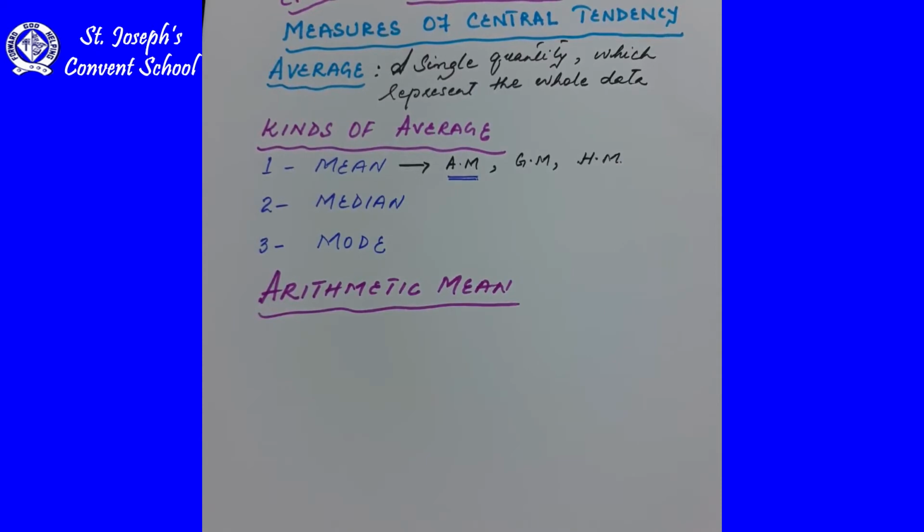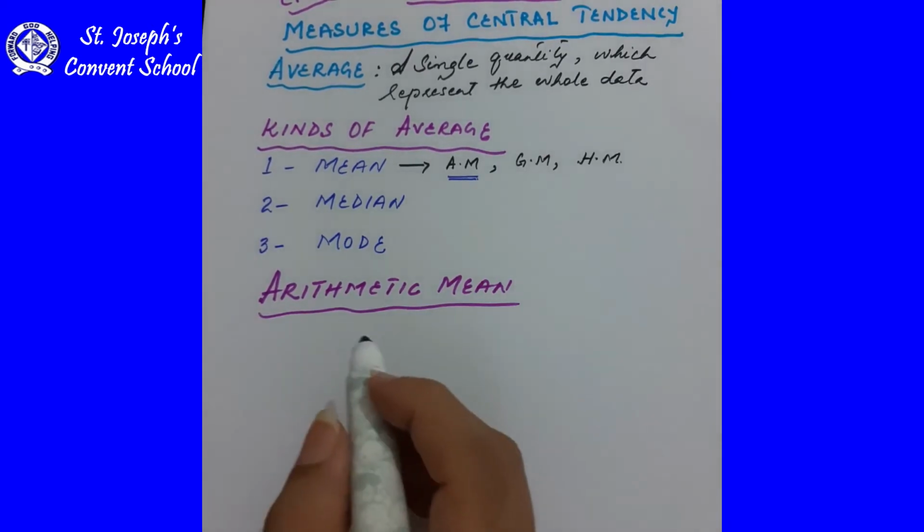There are two different types of data, grouped and ungrouped. Grouped data is when we make different columns and write the values. And when columns are not given and only numbers are written, it is known as ungrouped data.